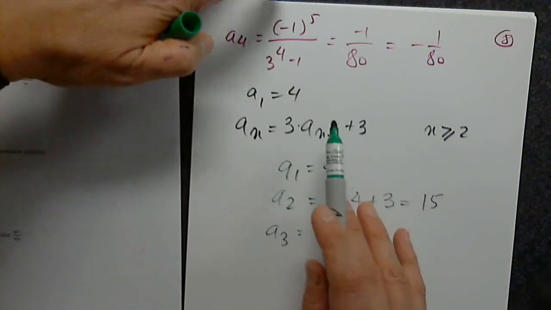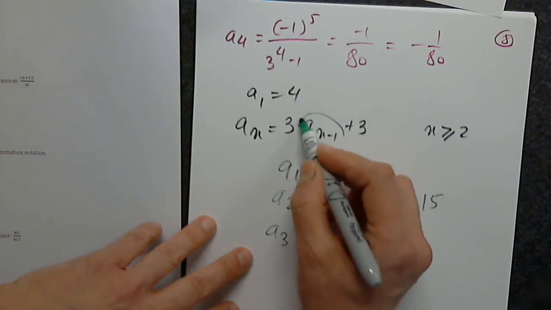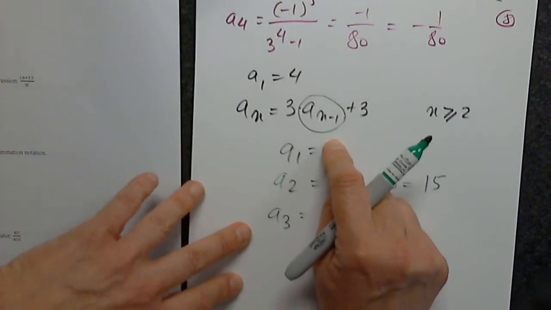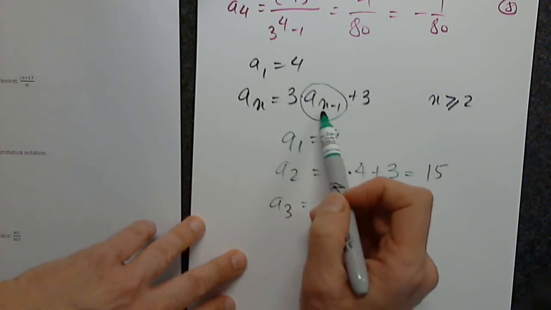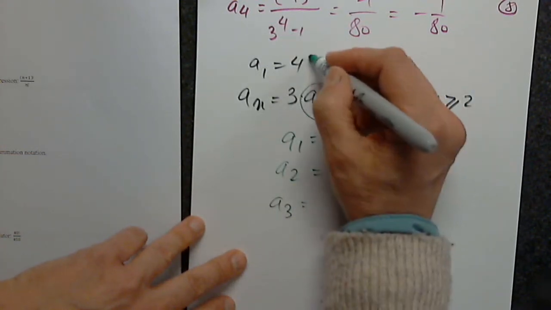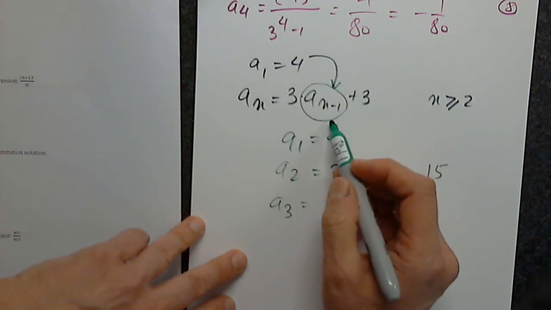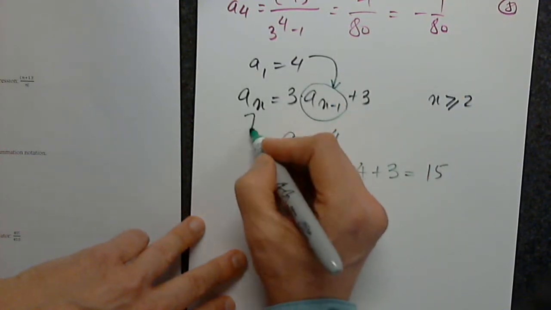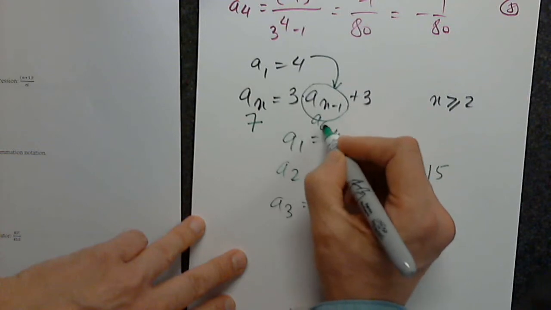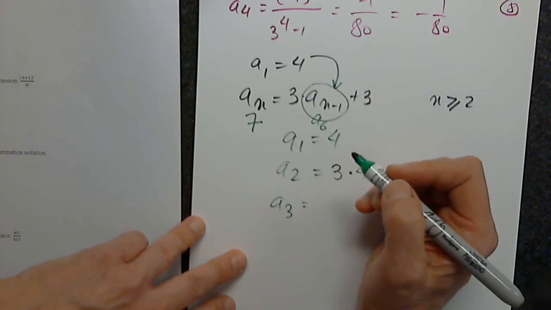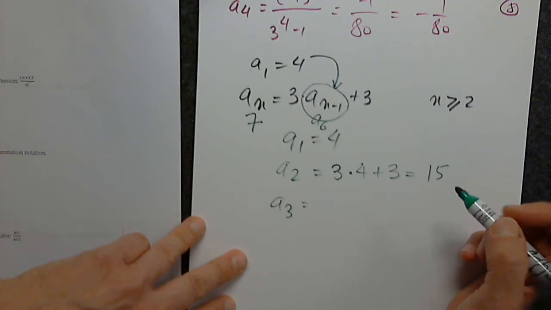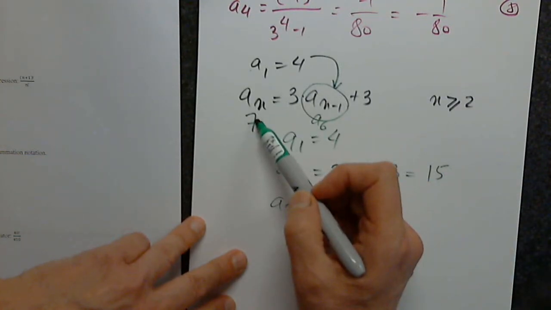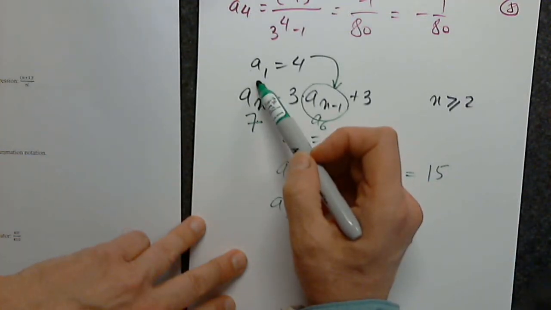But this one depends on the previous term. No, this is the name of the previous term. So if this is 7, this will be a sub 6. The previous term will be a sub 6. In order for me to get to the 7th term, I have to find the 6th term.